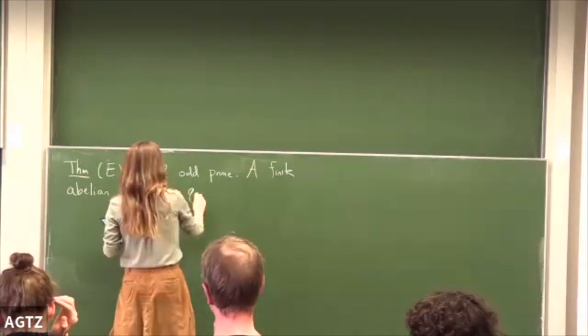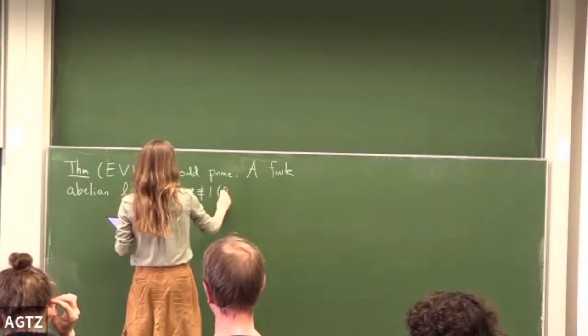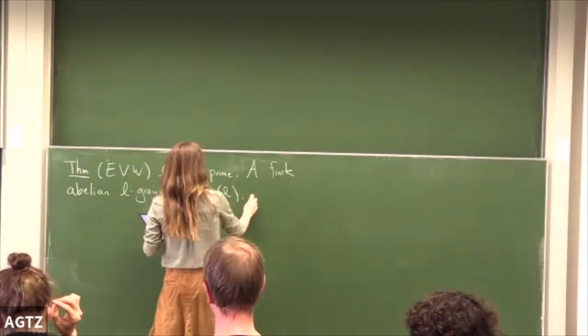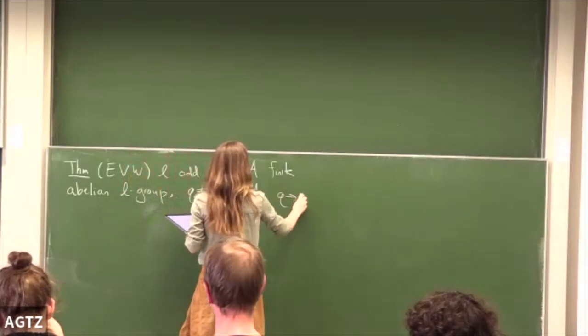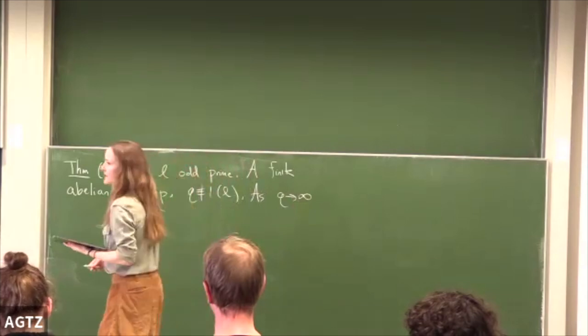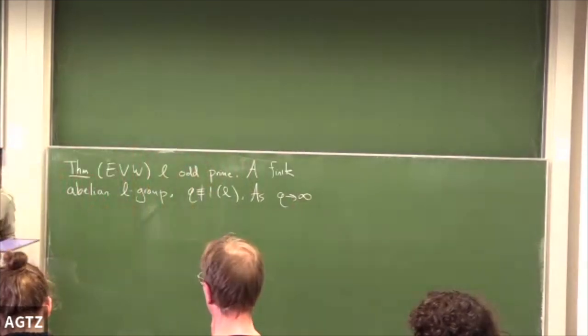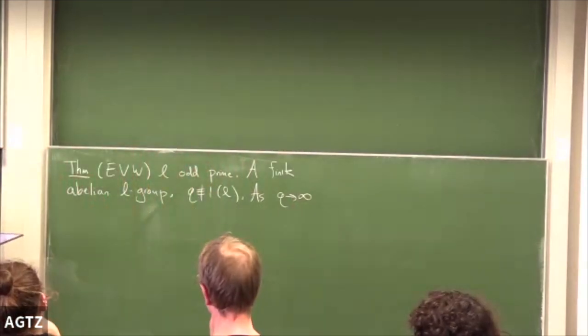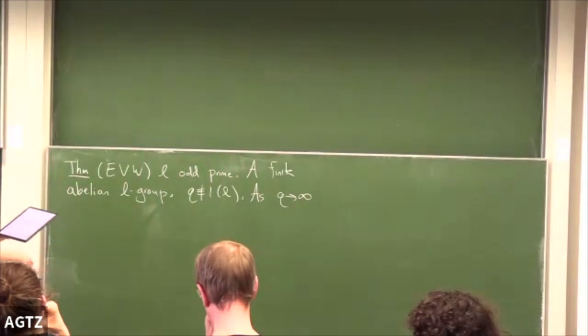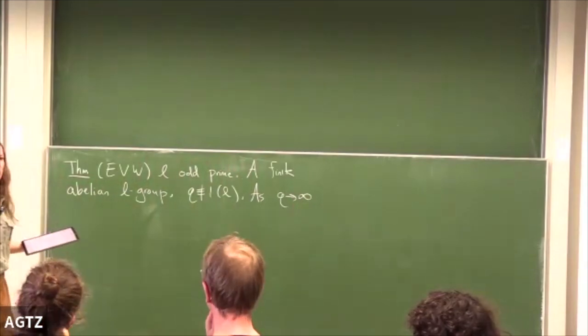Let's say q is not congruent to 1 mod l. So then as q goes to infinity, upper and lower densities of extensions of F_q(t), whose class group has l-part A, is what's predicted by being a random group.